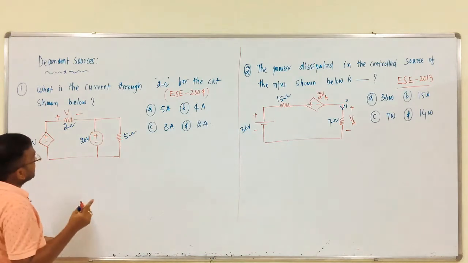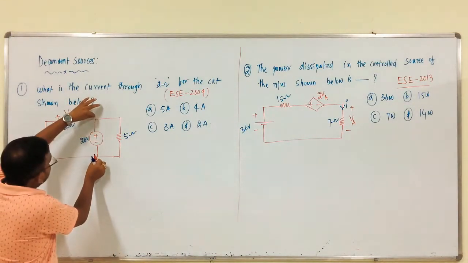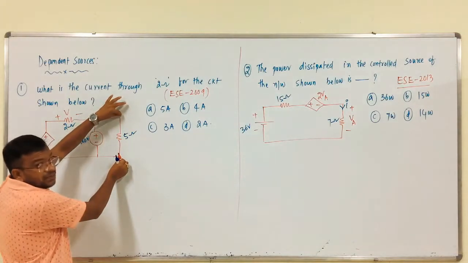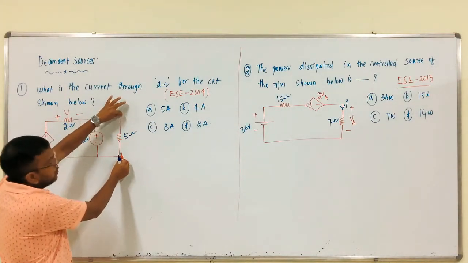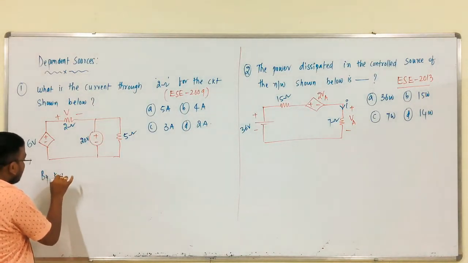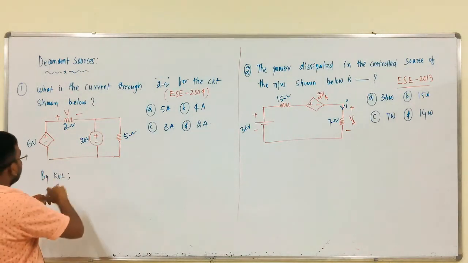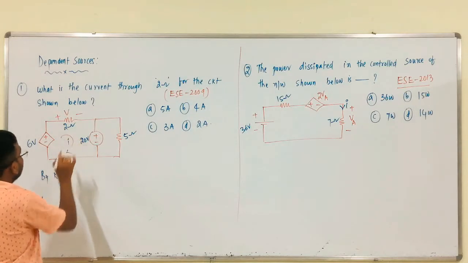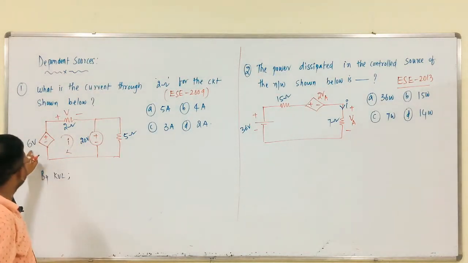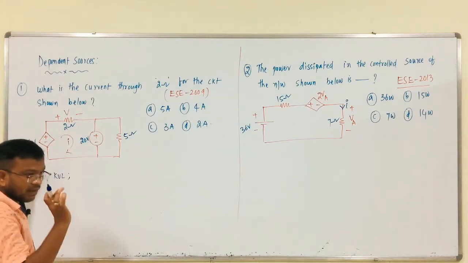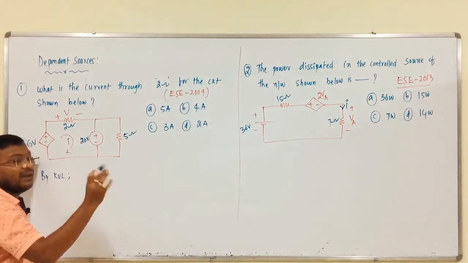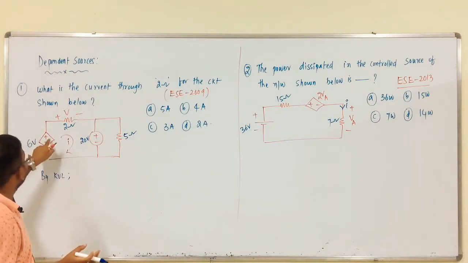One more observation is that this 20 volts is present across this branch. So, by KVL, starting from this we can assume our current direction, that is I. Starting from the dependent source, this 6 V is not only 6, it is the combination of 6 and V, because this is a voltage control voltage source.